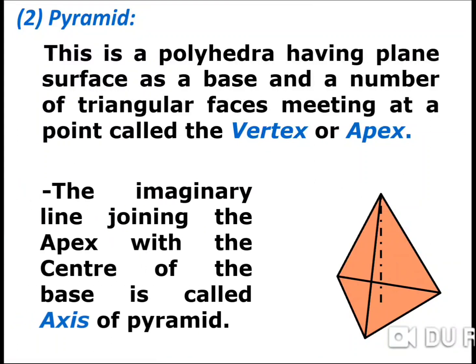The imaginary line joining the apex with the center of the base is called the axis of the pyramid. This is the axis, joining the apex and the base. These are the edges. This is the base.